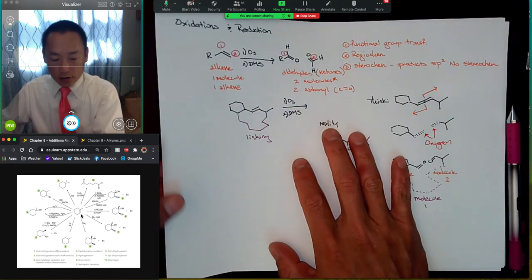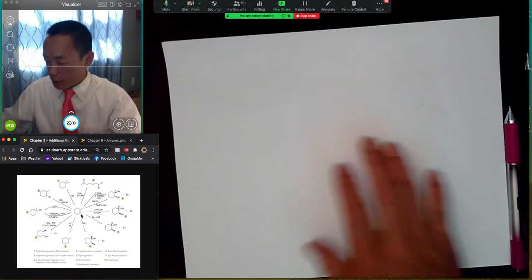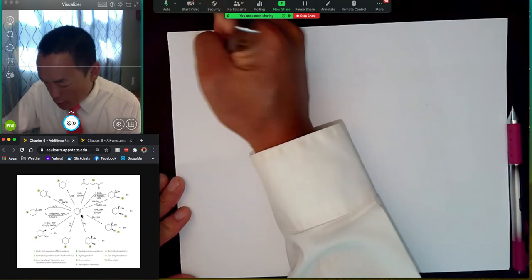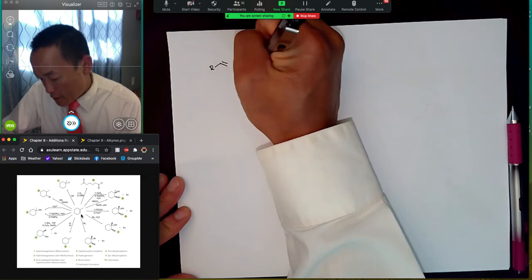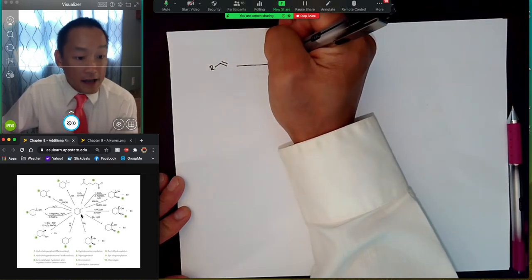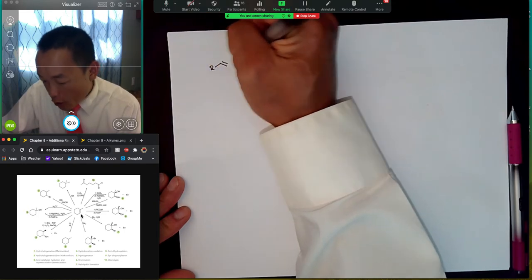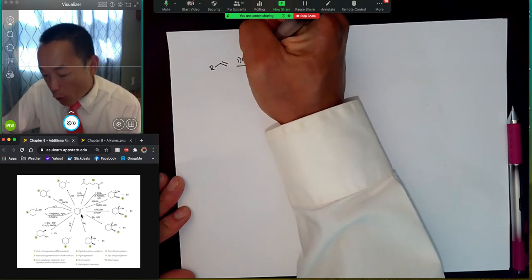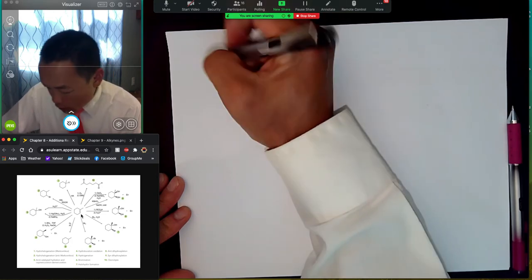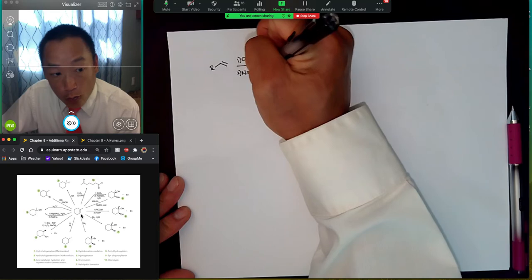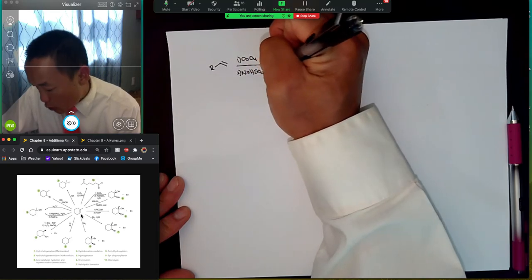Now let's take a look at the reaction when we have a carbon residue, and we're reacting that with OsO4, and then followed by base, NaHSO4, H2O.